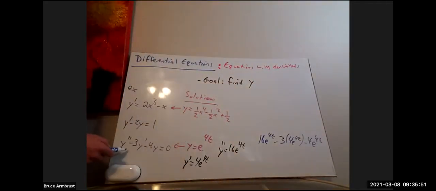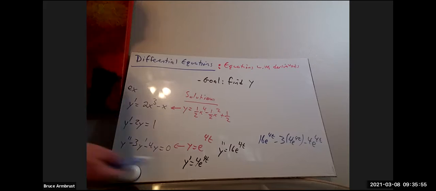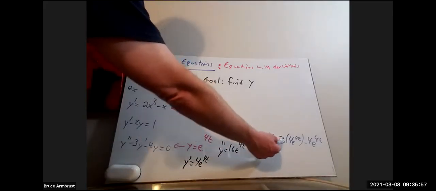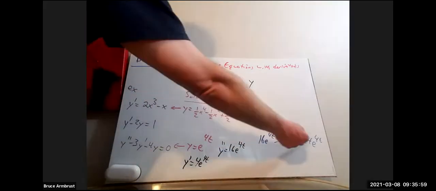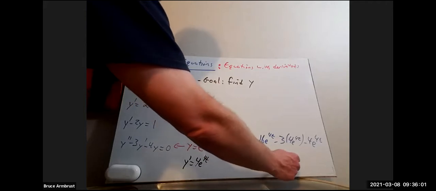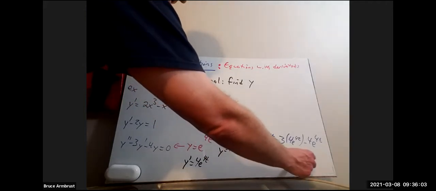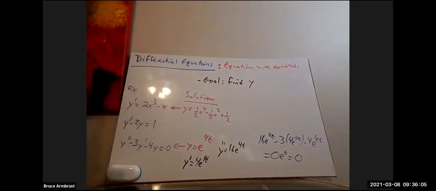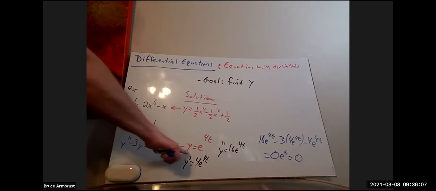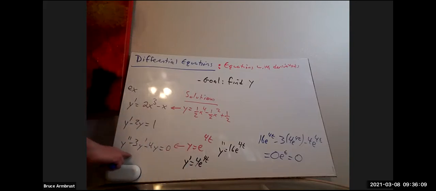Right? So I just plugged all those things into this equation right here. Well, 3 times 4 is 12, so 16 minus 12 is 4. 4 minus 4 is 0. So we get 0 times e to the 4t, which is 0. So that is definitely a solution to this differential equation.